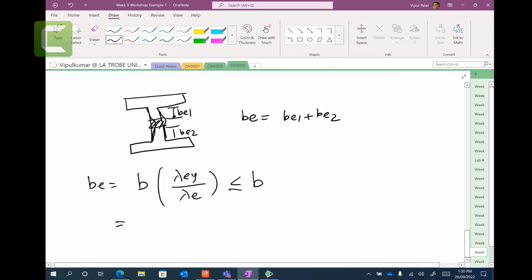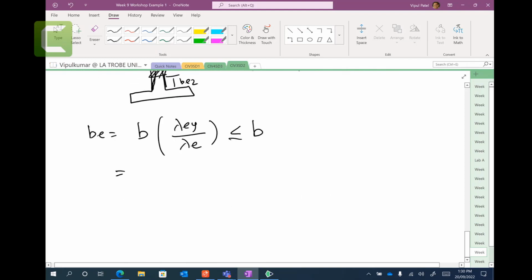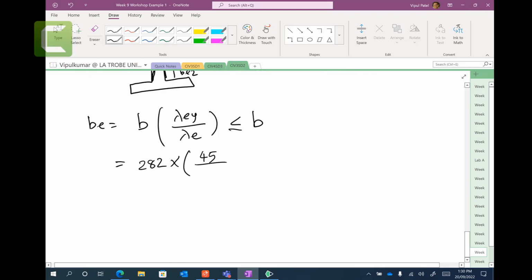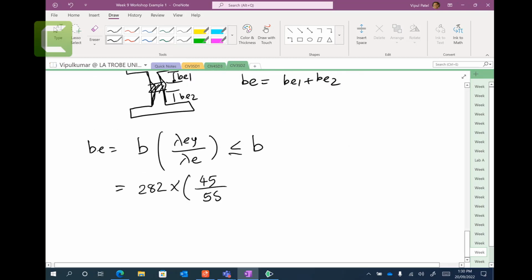That should be less than B. So the B we calculated 282. Lambda EY is 45. Lambda E 58.01. Less than or equal to 282.